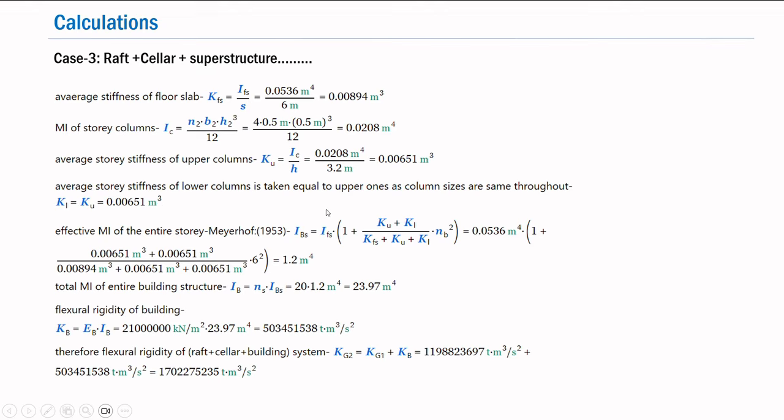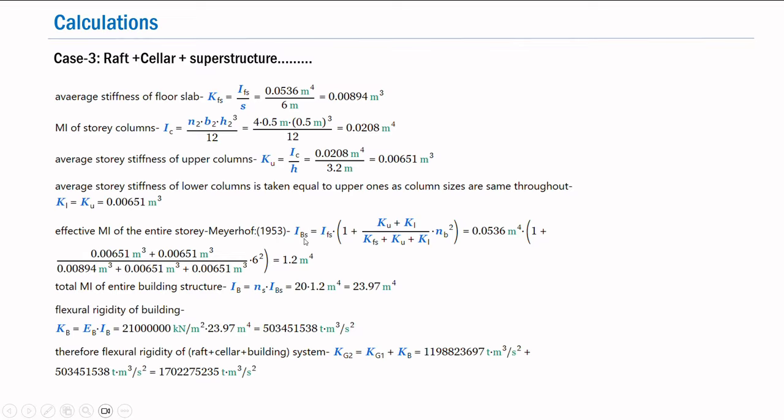Now having calculated the moment of inertia of the floor system, the stiffness of floor system as well as the stiffness of the columns, we can proceed for calculating the effective moment of inertia of the entire story using the formulation given by Meyerhoff in 1953.